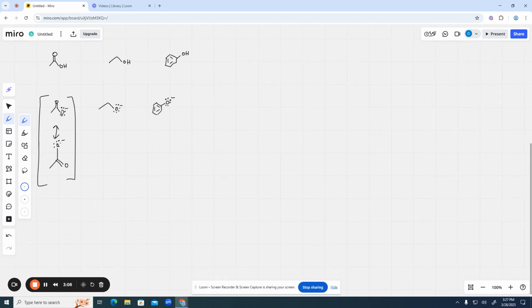So these electrons can form a double bond. Let me make sure that doesn't look like it's touching the carbon. It should form a double bond. And that will kick this double bond onto this carbon. So we're given this. This carbon now has a negative charge. This O is now double bonded. Now these electrons can form a double bond here, kicking this pi bond onto this carbon.